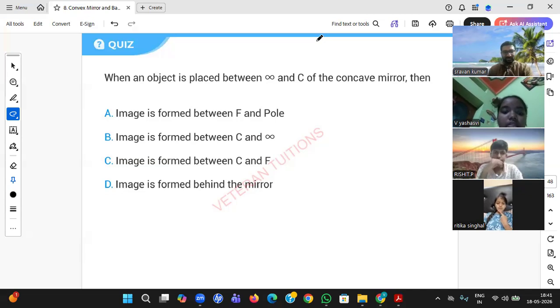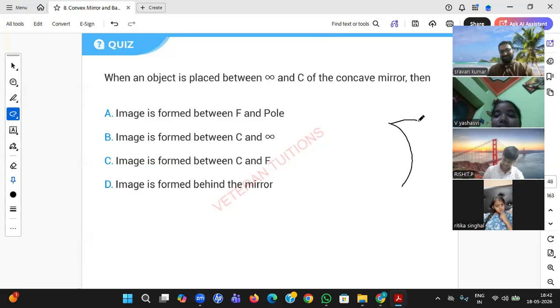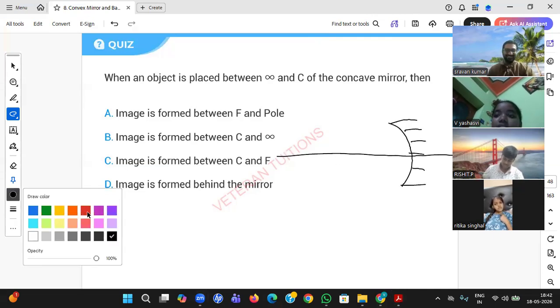Which case is that? Sir, case number... Case 1, 2, 3, 4, 5, 6. Which case? I don't know the numbers, so can I tell the options, sir? Okay, no problem. You give the option in the chat box. Image is formed between C and F, sir.